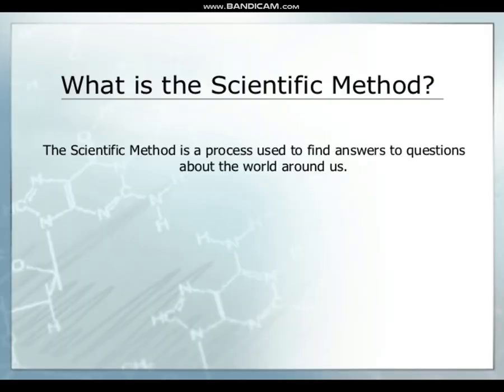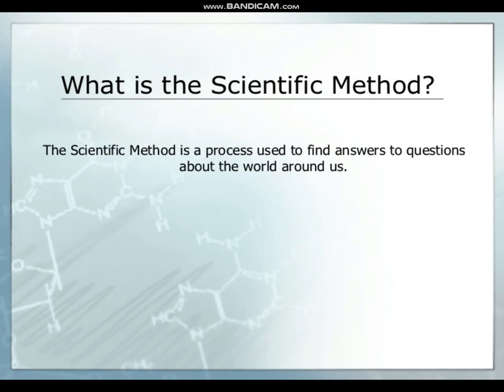What is scientific method? I have told you in the previous lecture that science is about acquiring knowledge through steps, through a systematic way. That systematic way is known as scientific method. It is a process. The word process is used where a number of steps are involved.